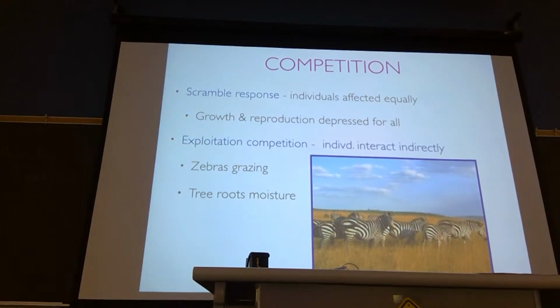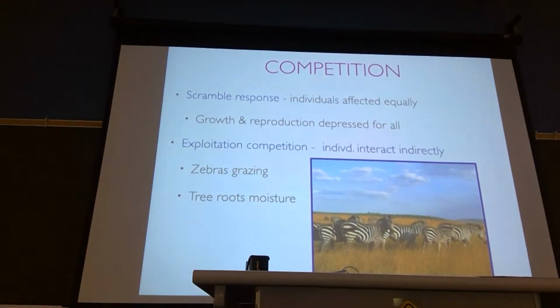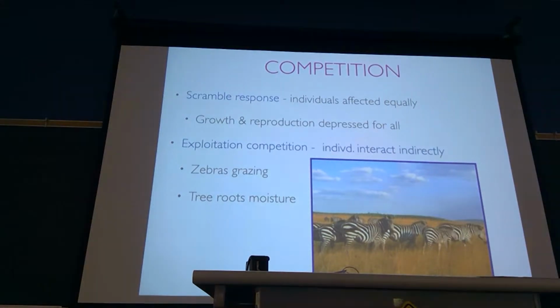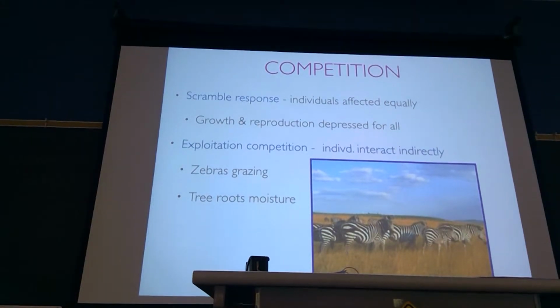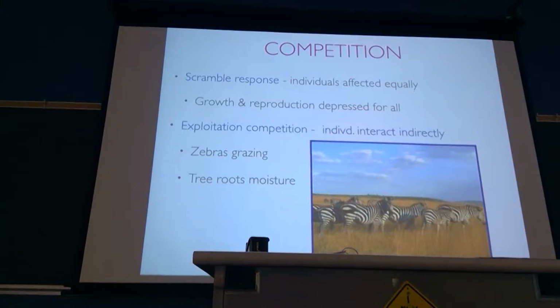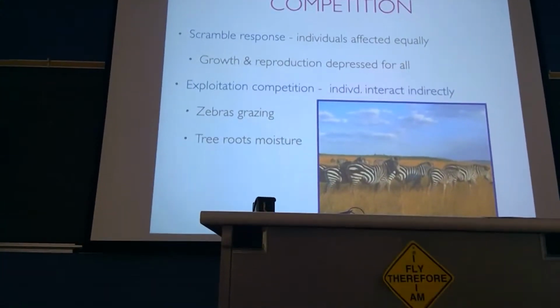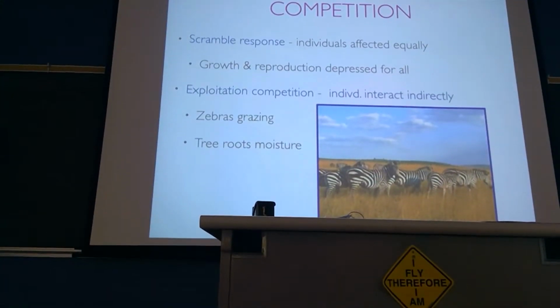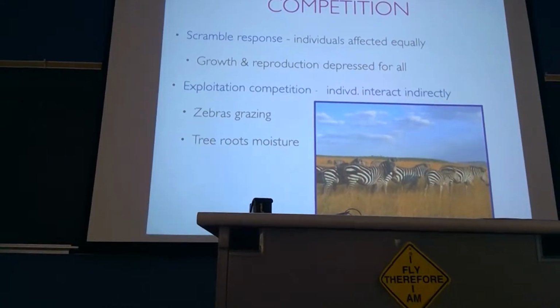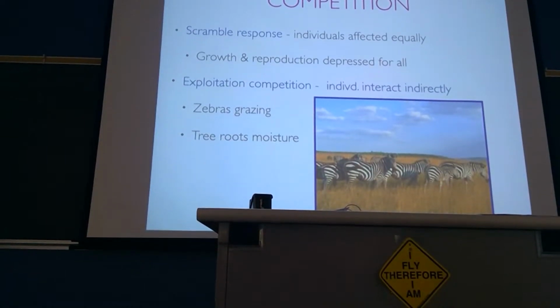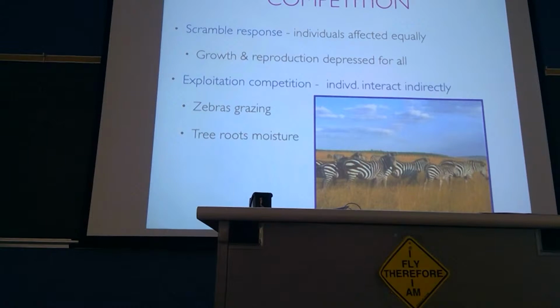Because they use a resource, they exploit that resource. It's not available for anybody else. But it's not like they walk up to the zebra and bump them off the great grazing pasture. They just eat the good grass and then it's not there for anybody else. They've exploited the resource. And in doing so, they indirectly compete with their neighbor.